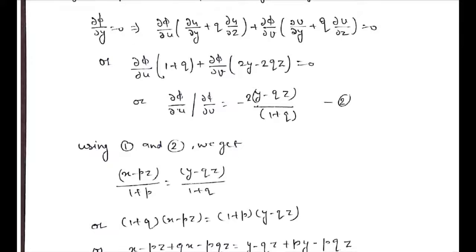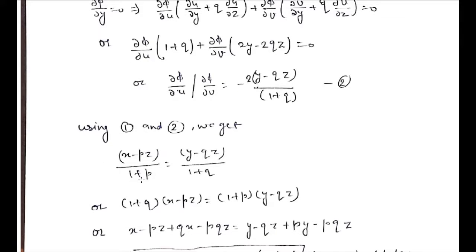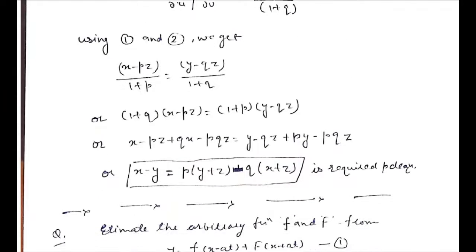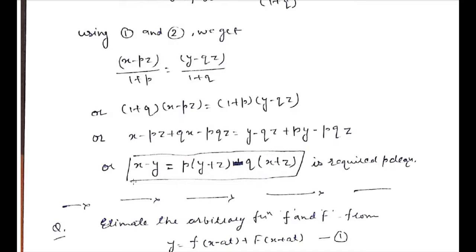So we get x minus pz upon 1 plus p is equal to y minus qz upon 1 plus q. Now we simplify these terms, and we get the partial differential equation x minus y is equal to p y plus z minus q x plus z.